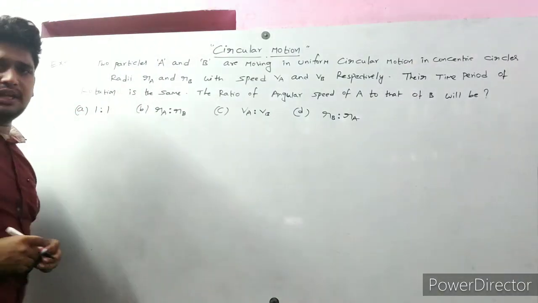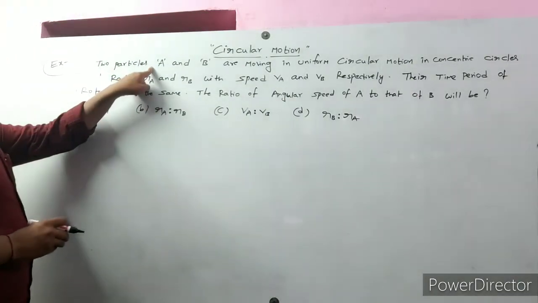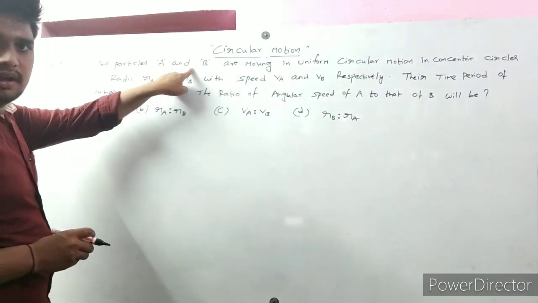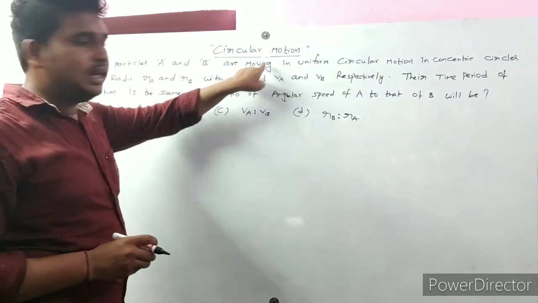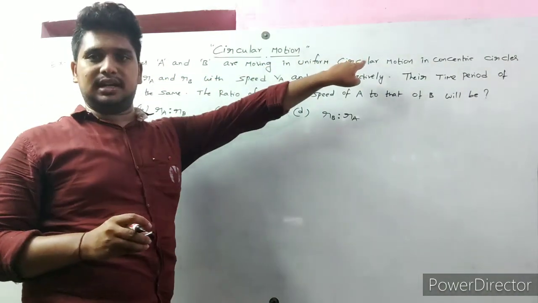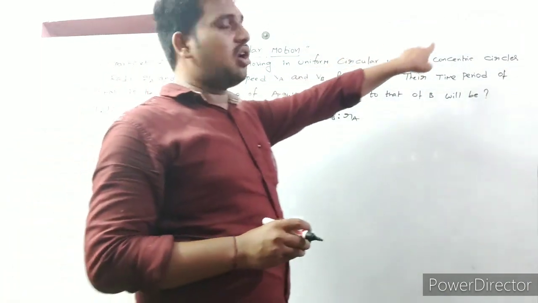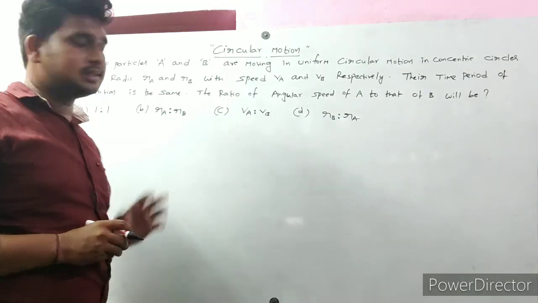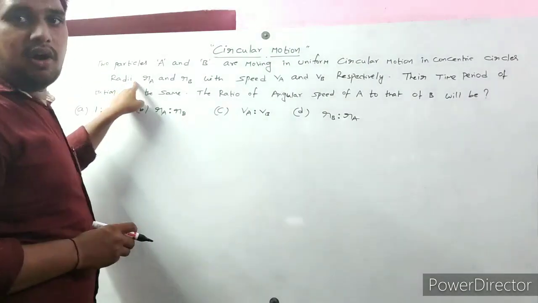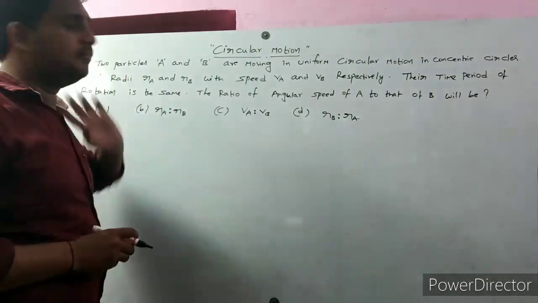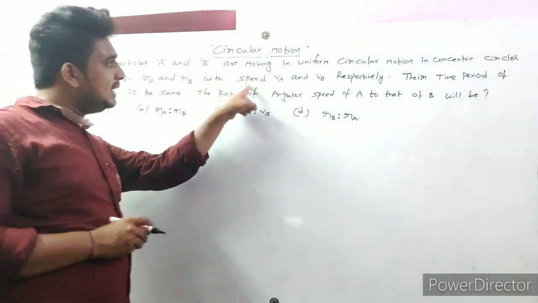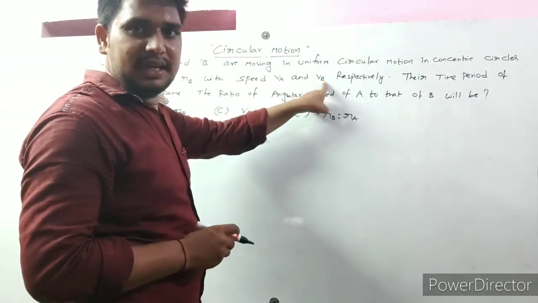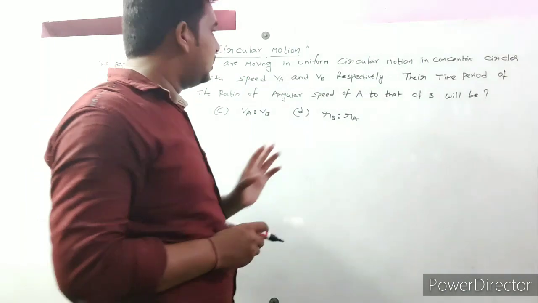Example 1, observe carefully. Two particles A and B are moving in uniform circular motion in concentric circles of radii RA and RB with speeds VA and VB respectively.